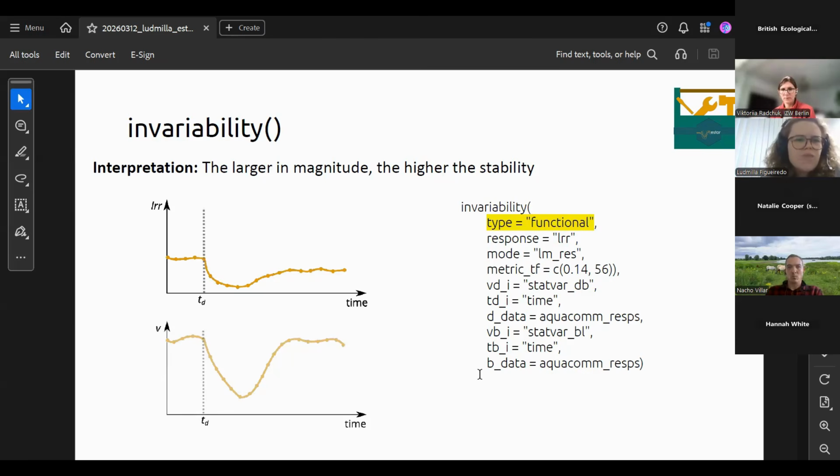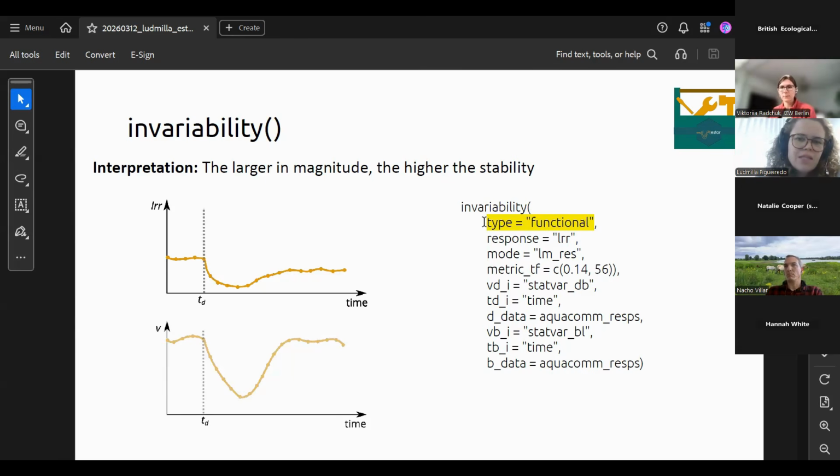So if we take invariability as an example, invariability you can think of as how much your system is going to oscillate after a disturbance. And you can think that the larger the magnitude of your value, the higher the stability. So the function always spits out a value that you can interpret according to the tables we provide in the paper.